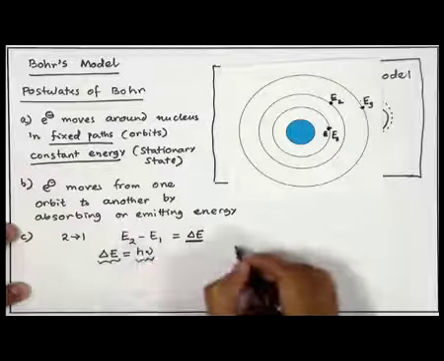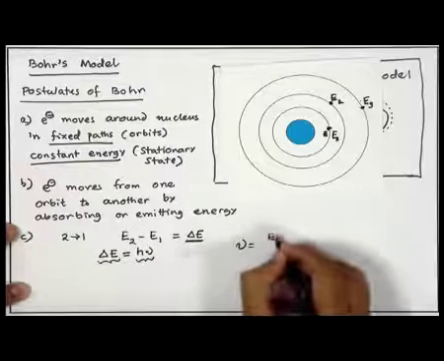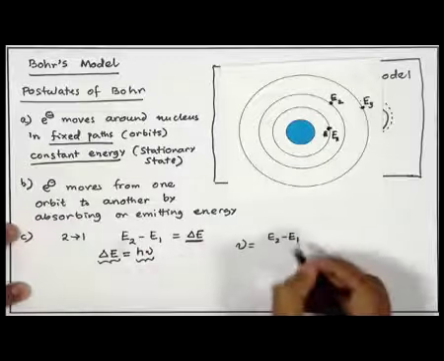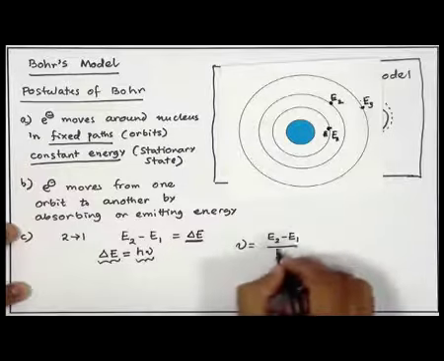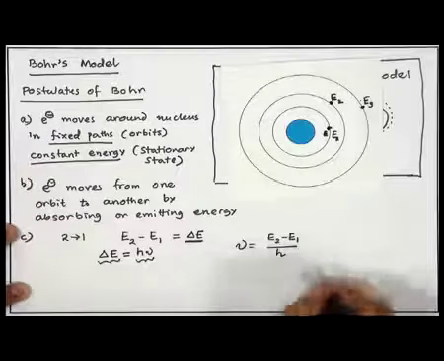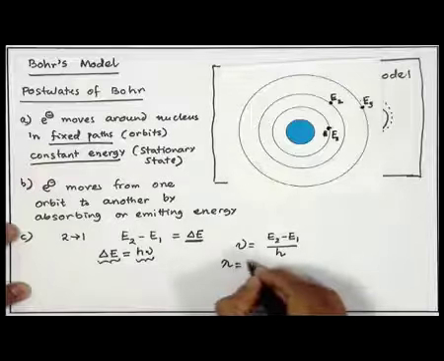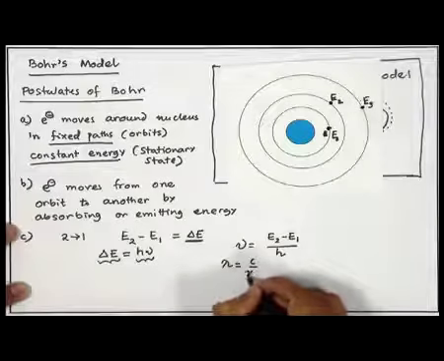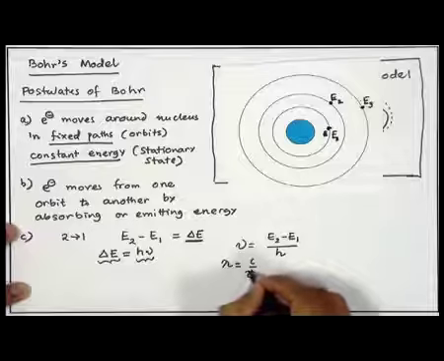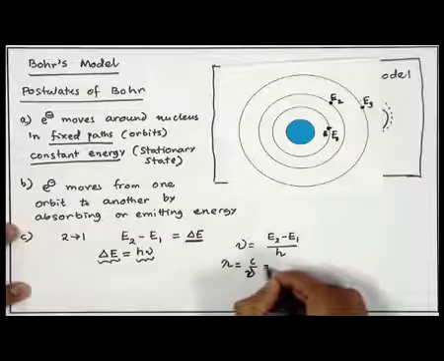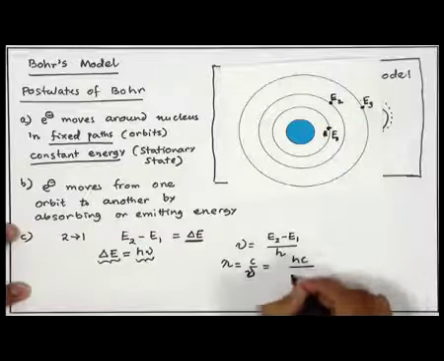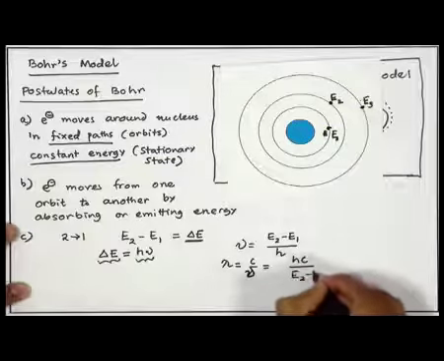Right. So, if we know nu, which is now E2 minus E1 divided by h, that is delta E by h, we can also get lambda, which is nothing but c divided by nu, the frequency. So, we can write lambda as h c divided by E2 minus E1.